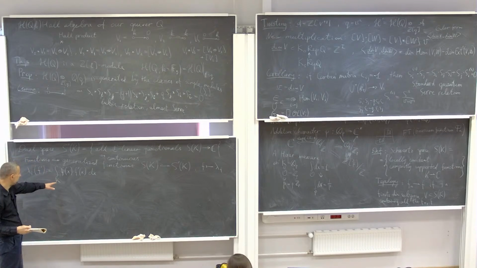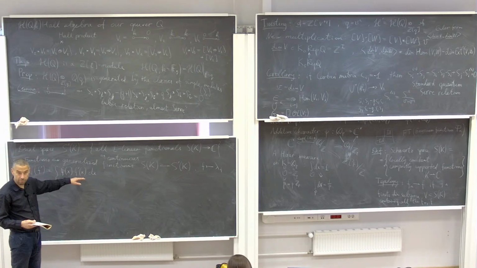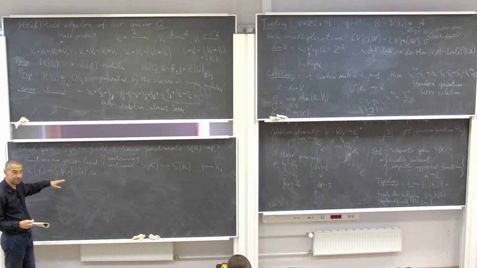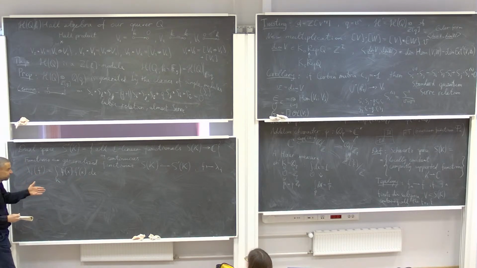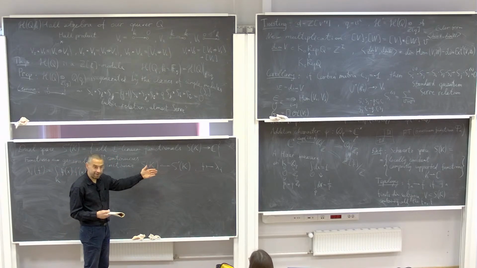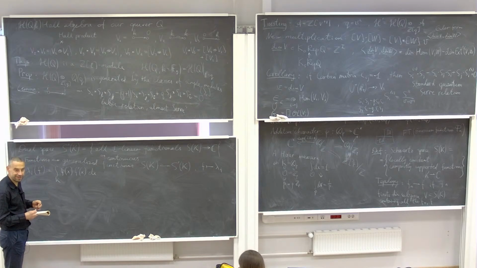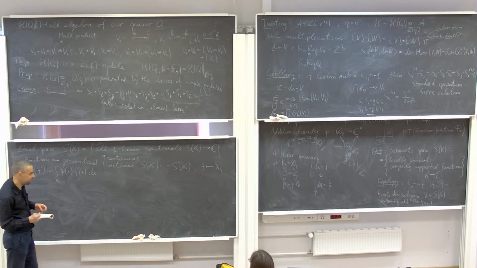This integral clearly converges because both f of x and f prime of x are compactly supported, so it makes sense. This is the standard way in functional analysis, if you had any experience. Representation theorem. Okay.